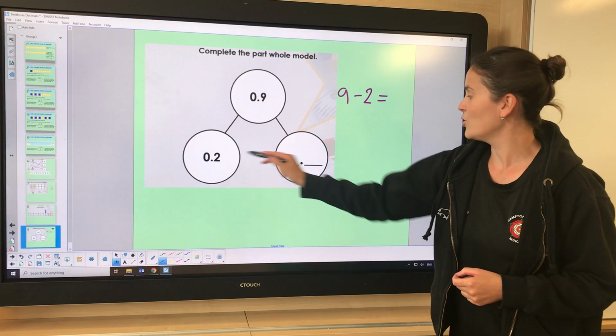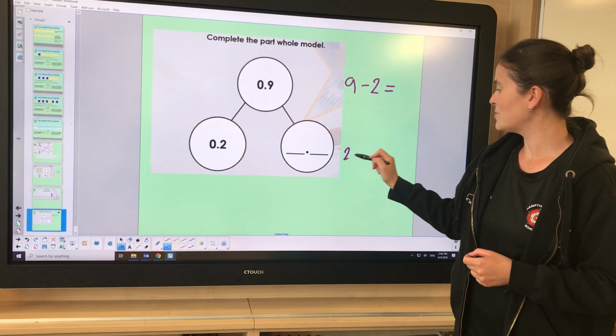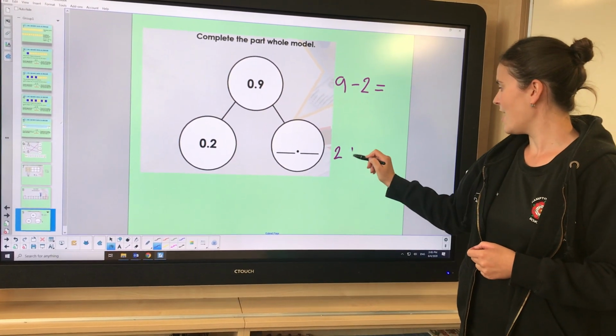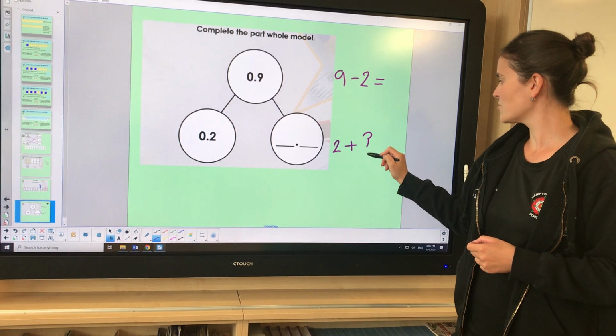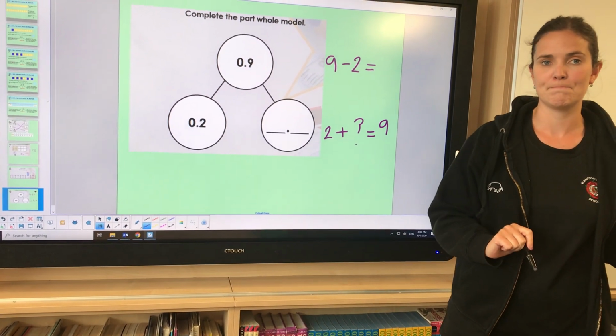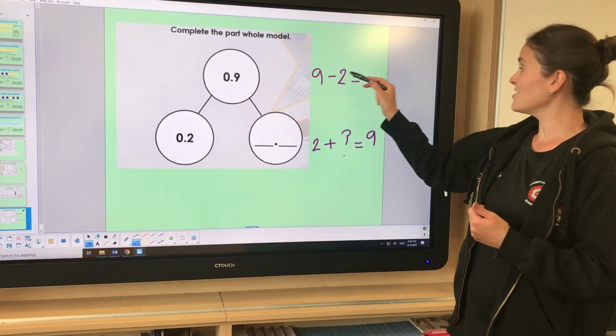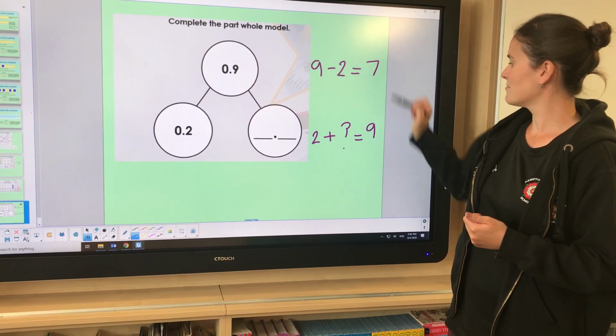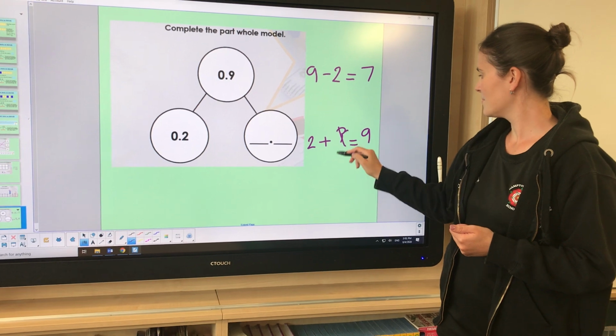Or you could have your number 2 at the beginning of the calculation, and you would say, what do I add to 2 to make 9? The answer to both those calculations is 7.